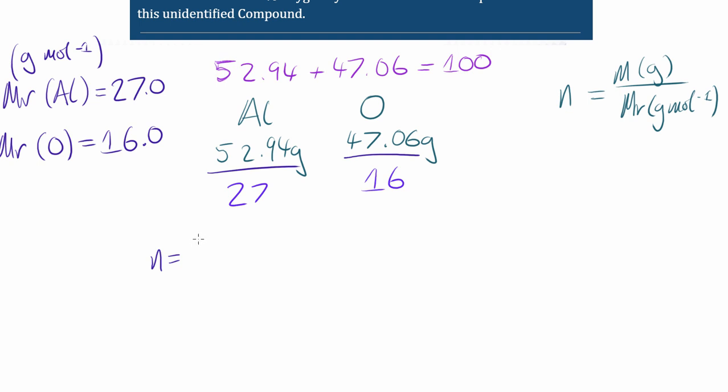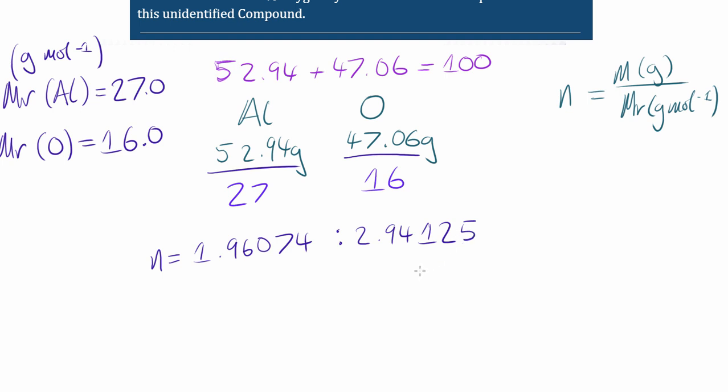So it's going to be 1.96074 for Al. For oxygen, it's going to be 2.94125.